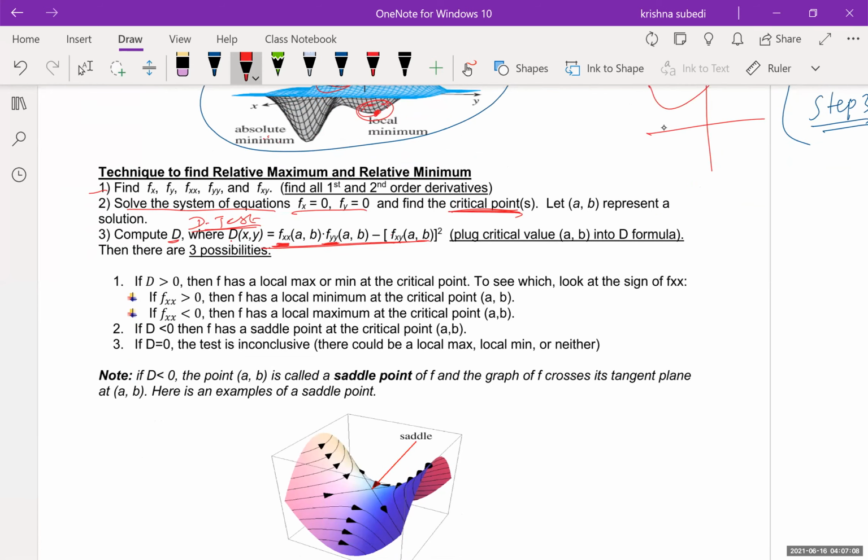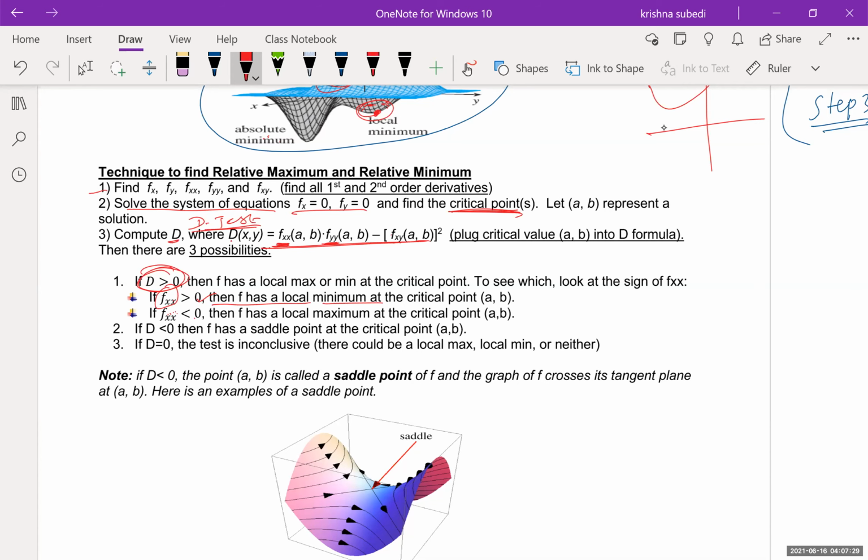And if D is positive, then two things can happen. Either the second partial derivative with respect to x is positive, or the second partial derivative with respect to x is negative.